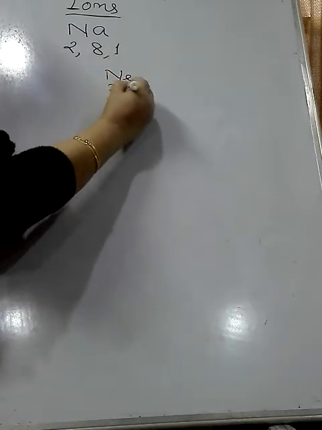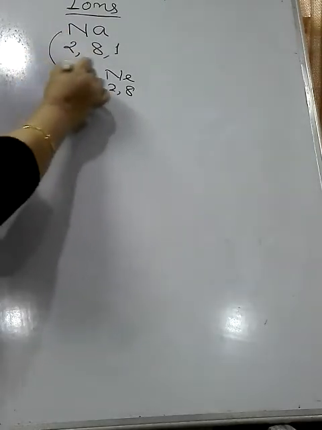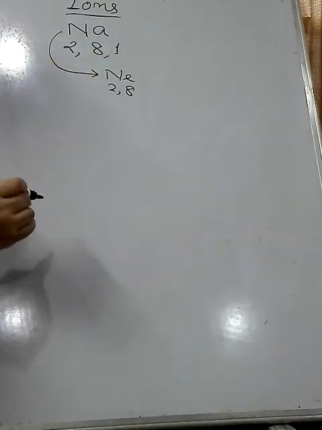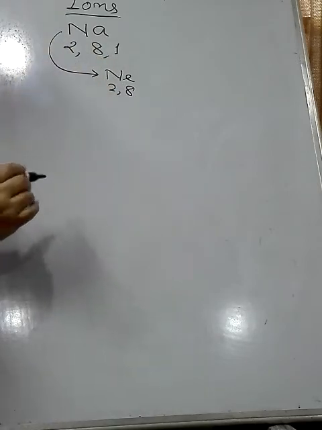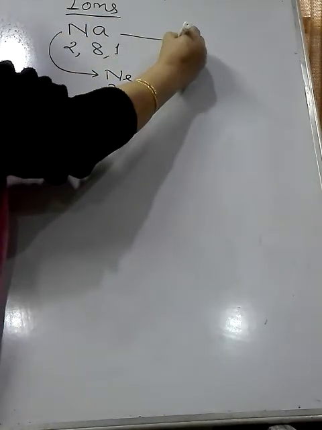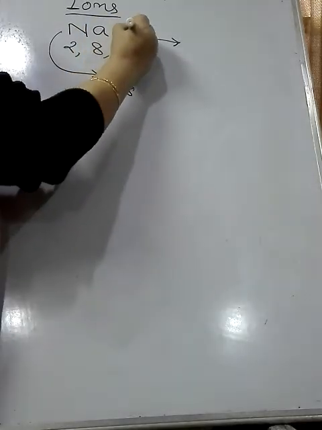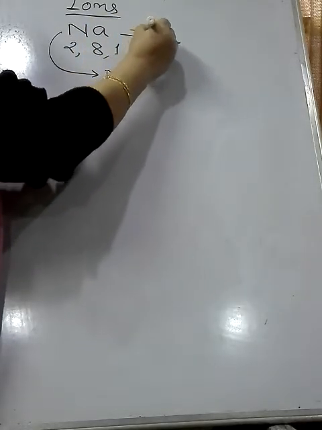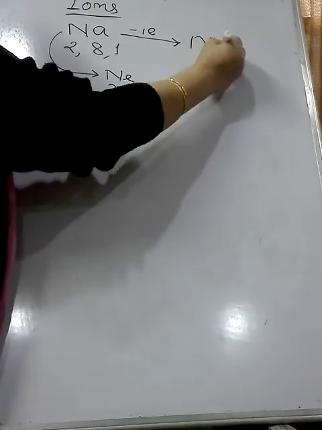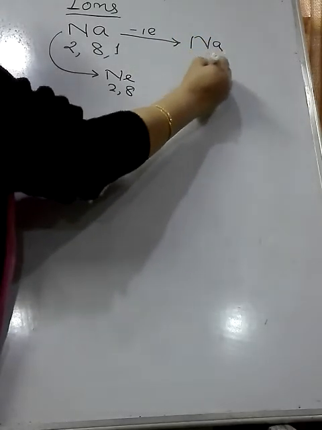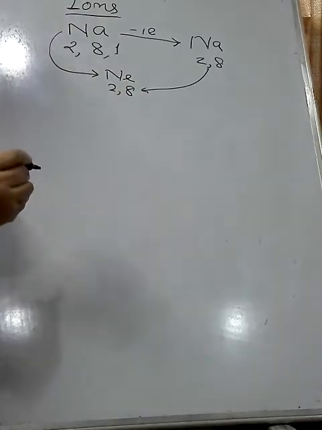Neon's configuration is 2,8. So sodium donates this one electron from the outermost shell, -1e, and the configuration then becomes 2,8, which is the same as neon.